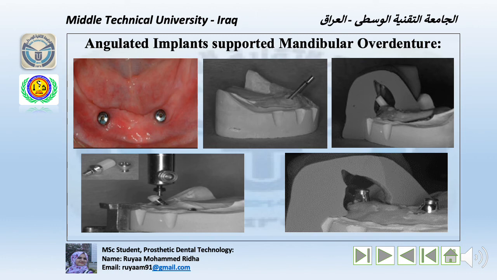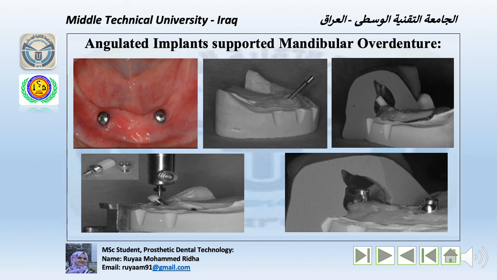First make the impression with an open tray using medium and light body polyvinyl siloxane impression material, then pour the impression with type 4 stone. Place a long impression post-pin into the analog that has severe anterior inclination of both implants.